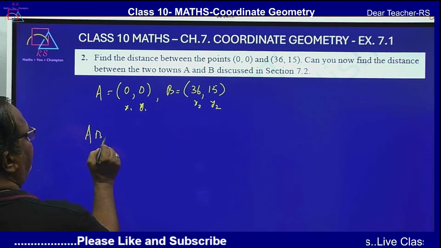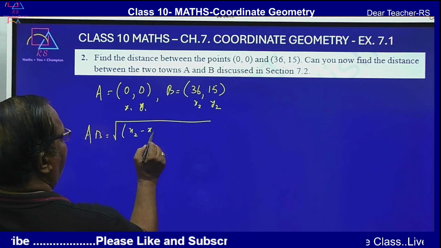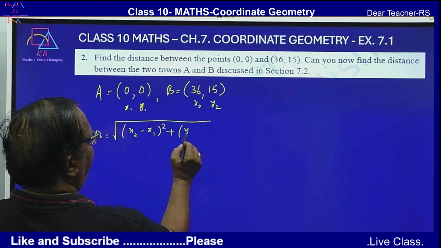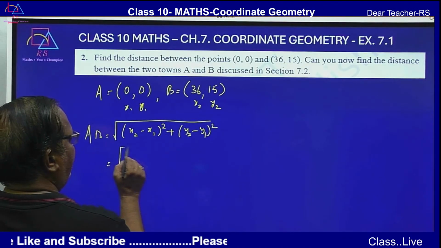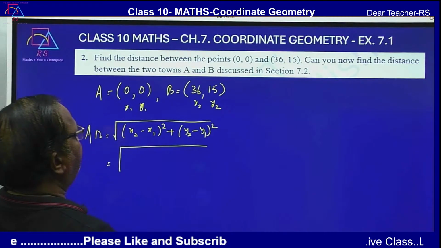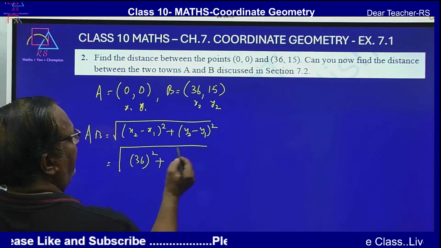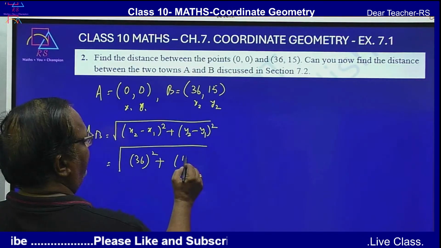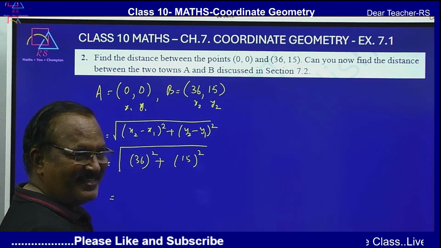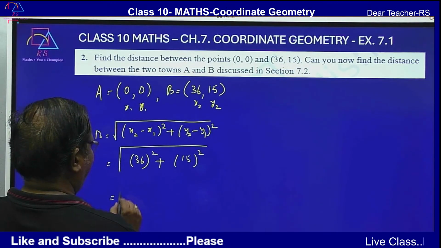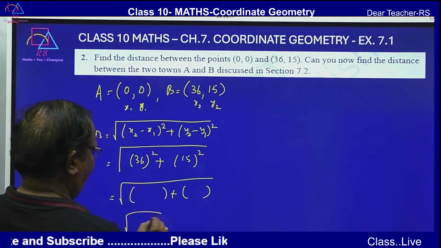AB is equal to the square root of (x2 minus x1) whole square plus (y2 minus y1) whole square. Very simple. It is just like the first question. x2 is 36, minus 0, 36 whole square, and 15 minus 0, 15 whole square. So you will get some value for 36 square, and you will get some value for 15 square.